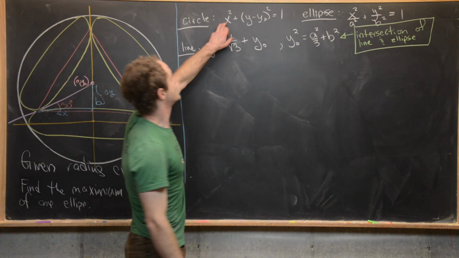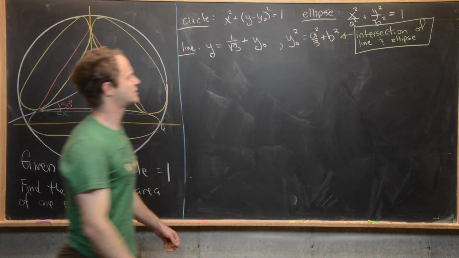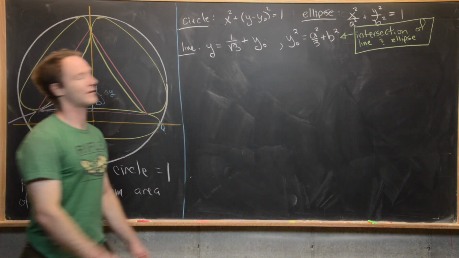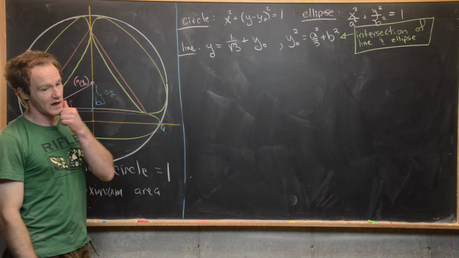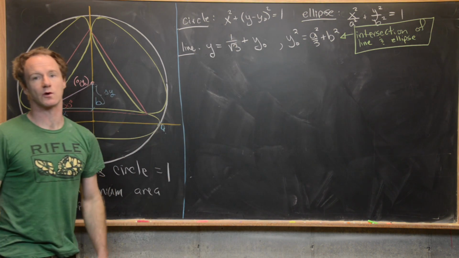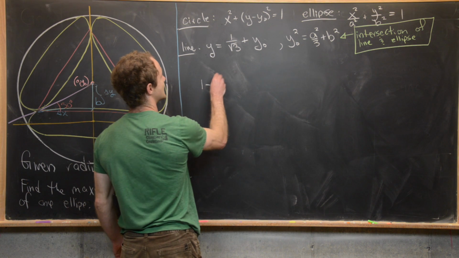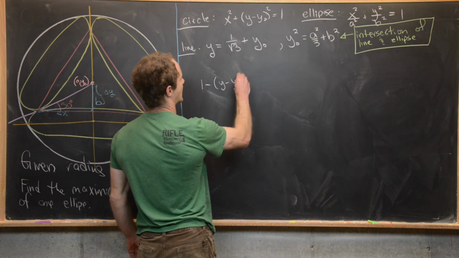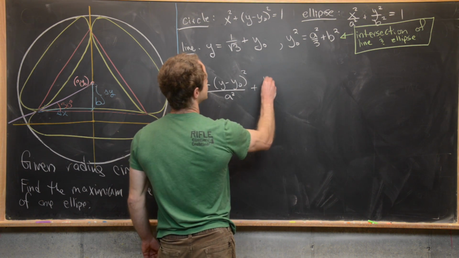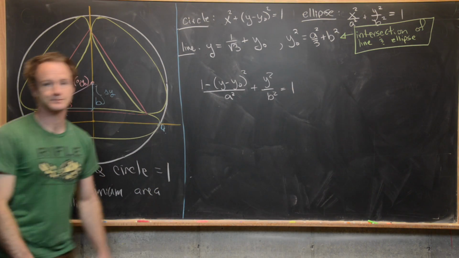So notice we've got this equation of the circle, we've got this equation of the ellipse. That allows us to maybe reduce this equation of the ellipse to only one variable. Maybe we'll have the variable be equal to y because it's pretty easy to solve this thing for x. So let's see what that gives us. That gives us 1 minus y minus y naught squared over a squared plus y squared over b squared equals 1.